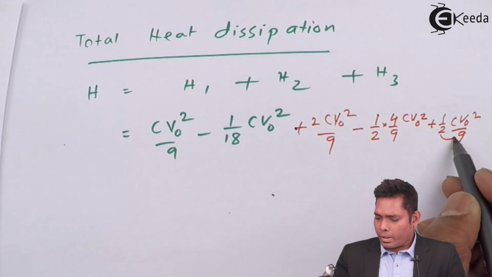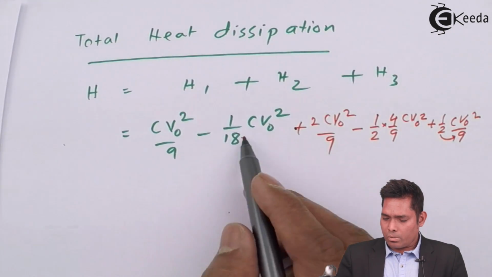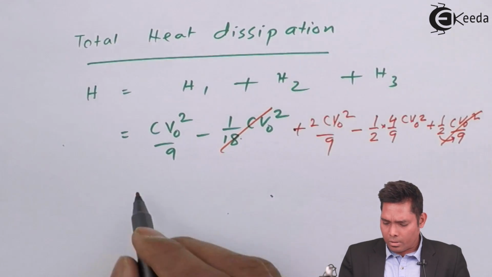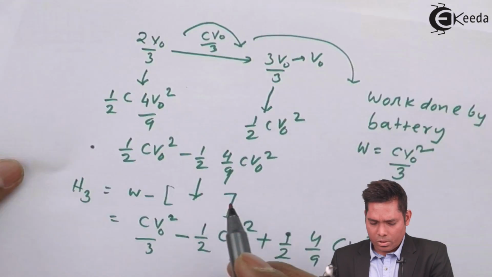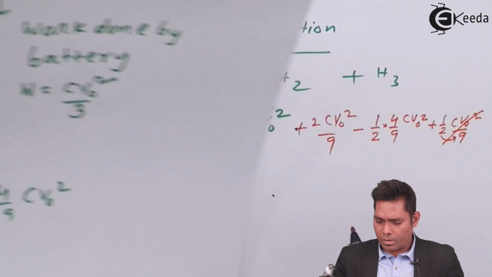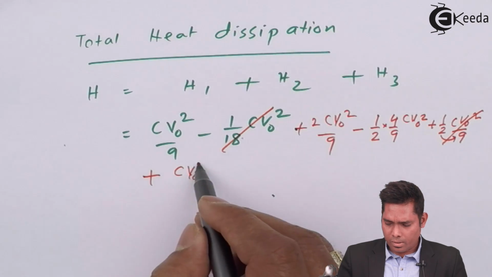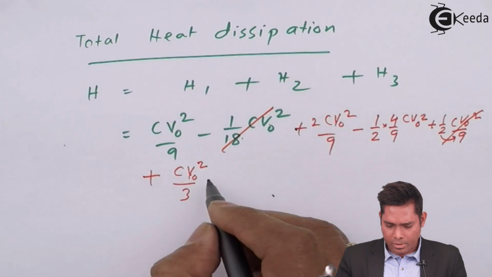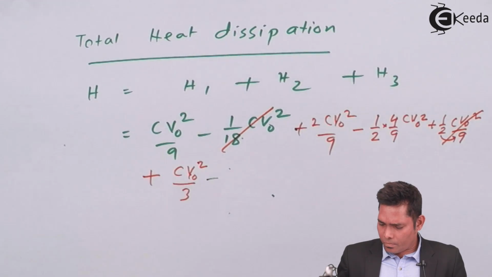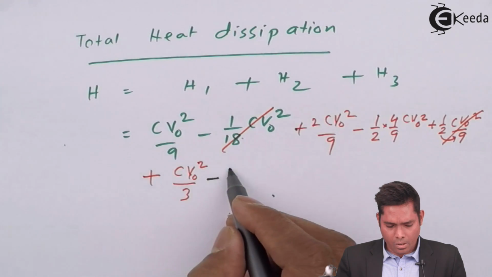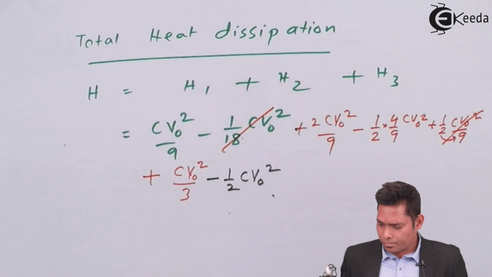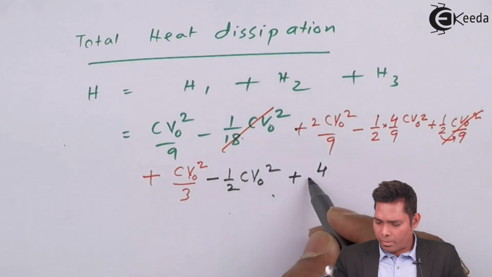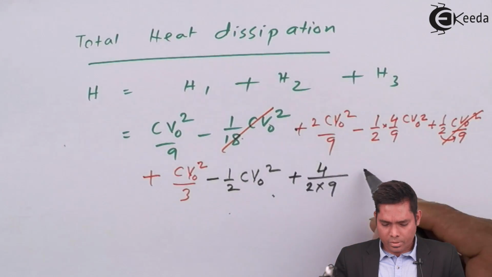That is 2 nines are 18. That comes out to this. So this will cancel out. And what about H3? H3 is this one. So it is CV naught square by 3 minus half CV naught square plus 4 divided by 2 into 9 CV naught square.